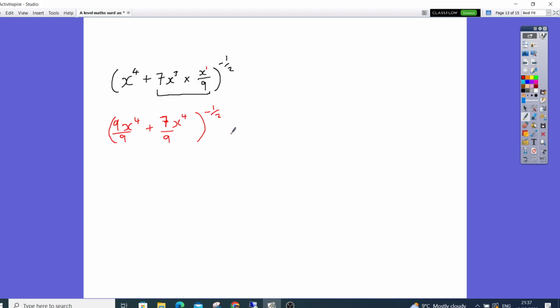And if the denominators are the same, I can then add the numerators. So the next line here would be 9x to the power 4 add 7x to the power 4, all divided by the 9, and that is to the minus 1 over 2.